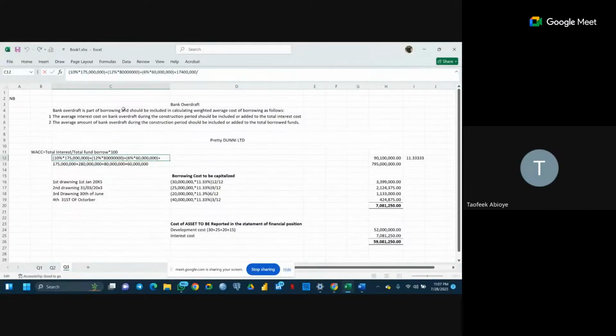So this one is 280, 15%. This is it here. 280 at 15%, 12% on 80, 10% on 175. So we use it. There's a typing error here. That is why we have 1575, 280. This is the actual formula that I use here.